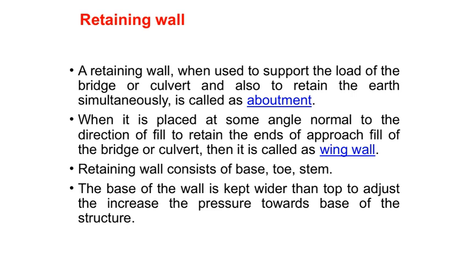This wider base helps in distributing the pressure exerted by the retained earth more evenly and increases the stability of the entire structure. All these components work together to ensure that the structure can withstand the forces acting upon it, maintaining safety and durability. This understanding ties directly into our overall theme of structural stability and effective design.